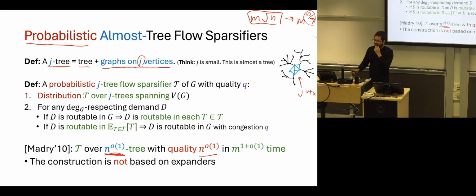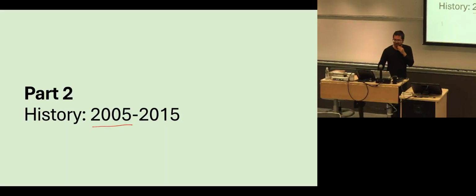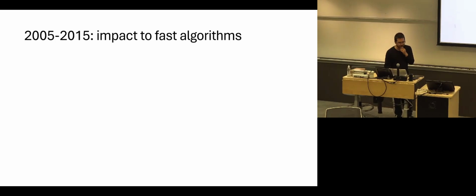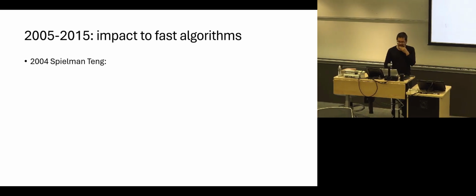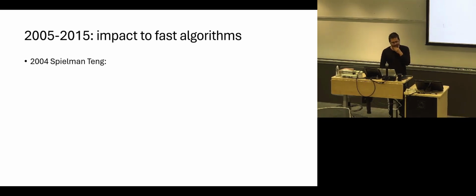Okay. So now, this is the 10 years that expanders showed impact to fast algorithms. And the first work is maybe by Spielman and Teng. This is a work that got the Gödel Prize or many other prizes, I think. But it's really super influential.